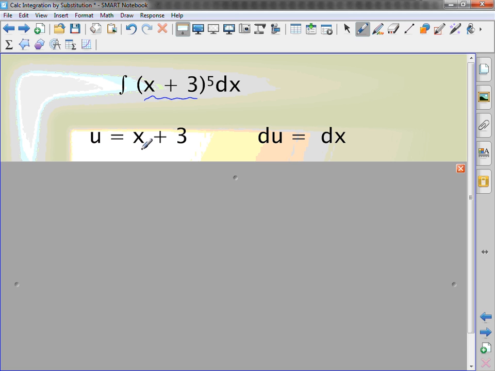What's the derivative of x plus 3 with respect to x? No, the derivative. Just 1. Because the derivative of this is nothing. The derivative of this is 1. So it's just dx. du equals dx. Not antiderivatives, derivatives.